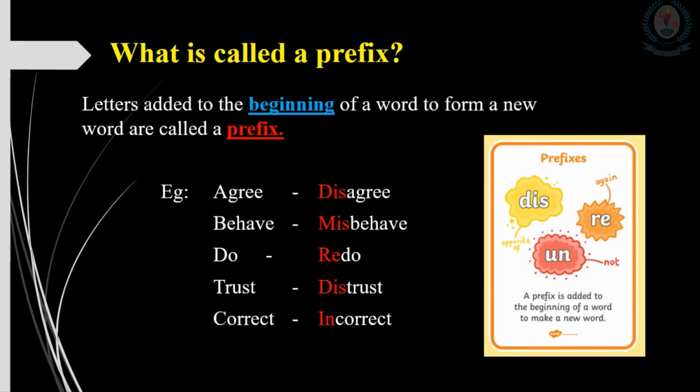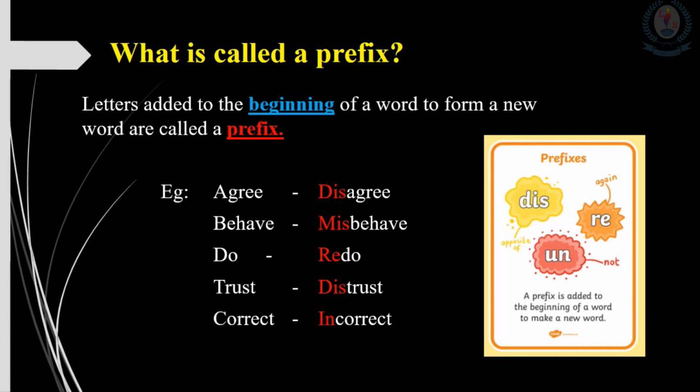And at the same time, I should remind you about another parallel term that you have learned in your grammar textbook unit number 10. That is suffix. Remember, suffixes are a letter or group of letters added to the end of a word to form a new word.